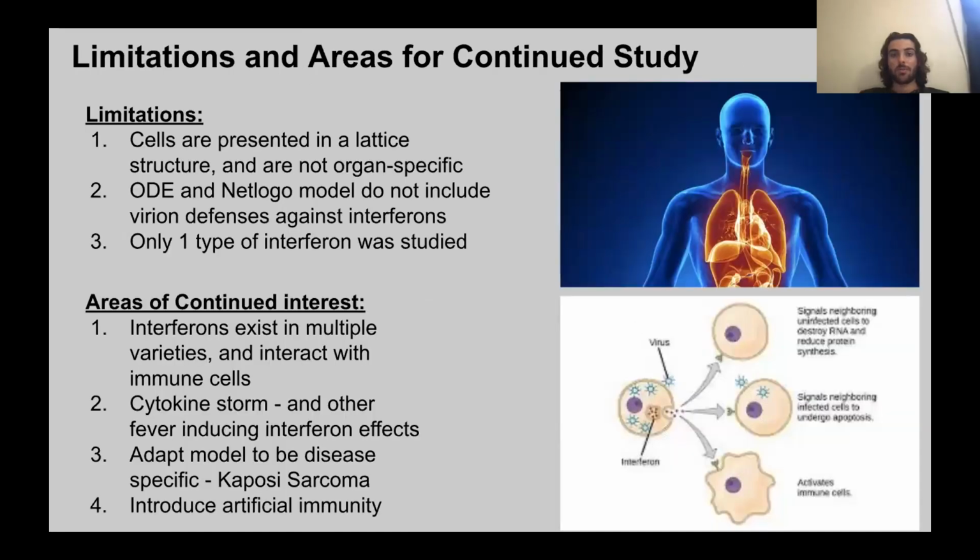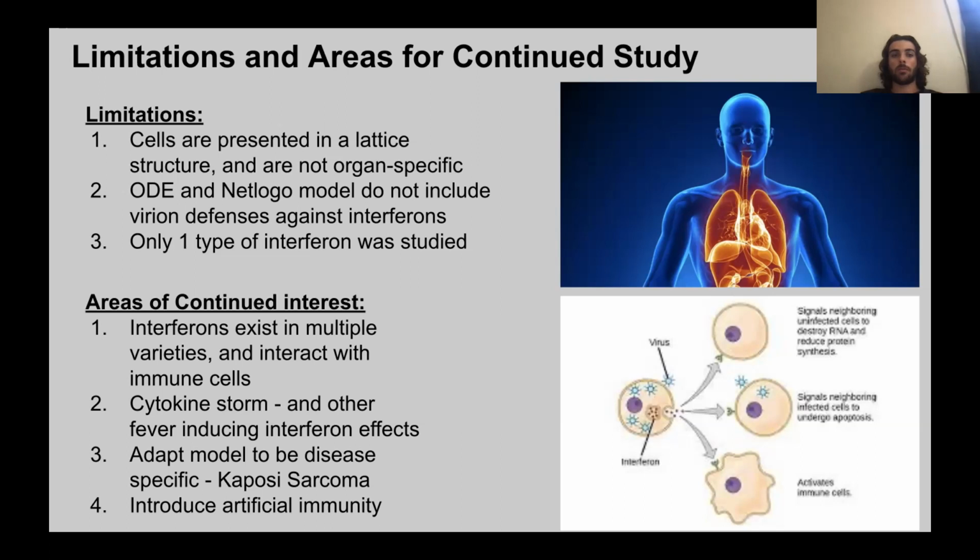Okay, so some limitations and areas of continued interest. First, cells are presented in a lattice structure and not really organ specific, so our model is kind of a more vague, general model.